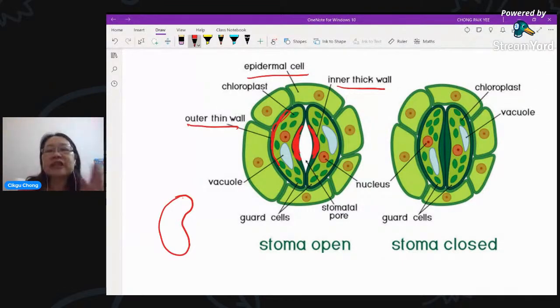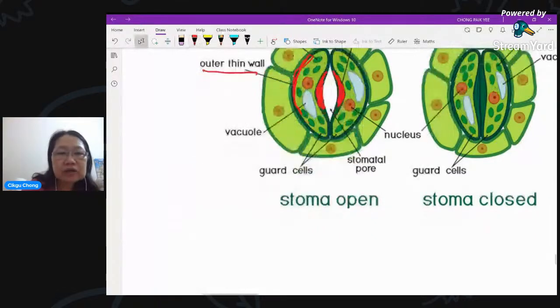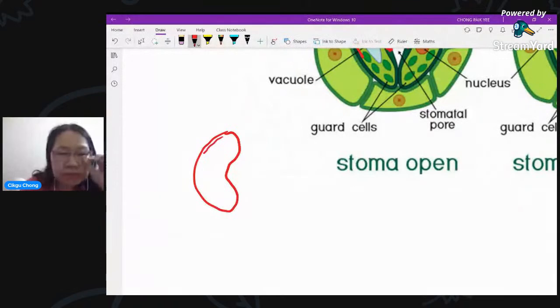Now, why? It's because we say the thickness is uneven. So what happens is when water goes in the cell, there's going to be higher pressure. The water rushes into the cell during the daytime. Let me draw this. Here is thinner. So when you draw, be careful with the cell wall. You have to draw this side thicker.